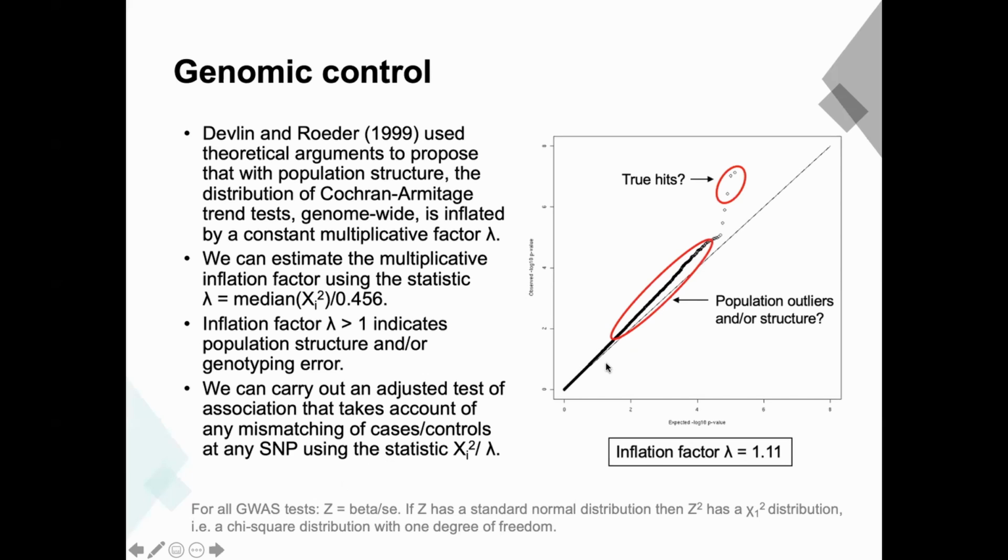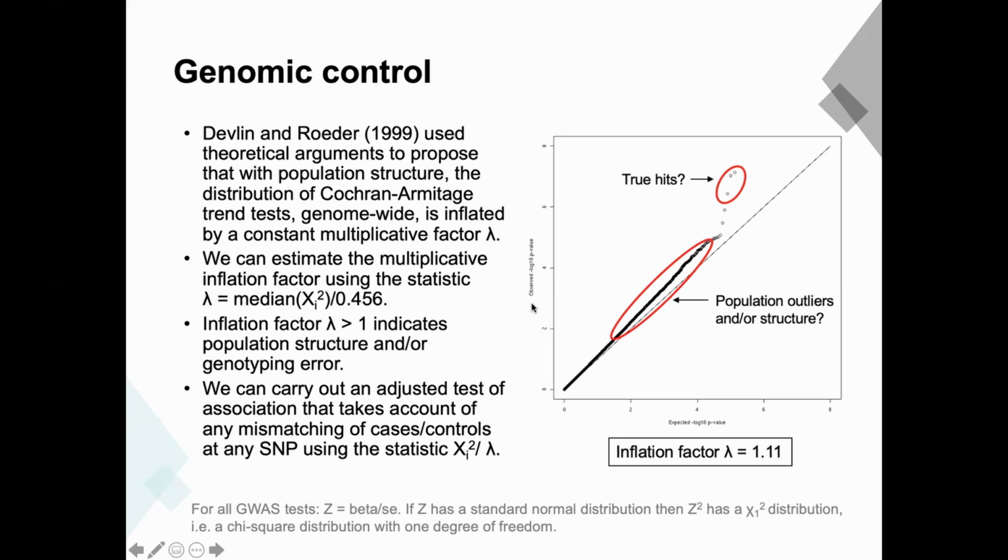And in this figure, we have plotted p-values from genome-wide association analysis, which have been sorted so that the lowest p-values are here and the large p-values close to 1 are here. So if we take minus log 10 of a p-value, 2 means a p-value 0.01, 4 means p-value 0.0001, and so on.